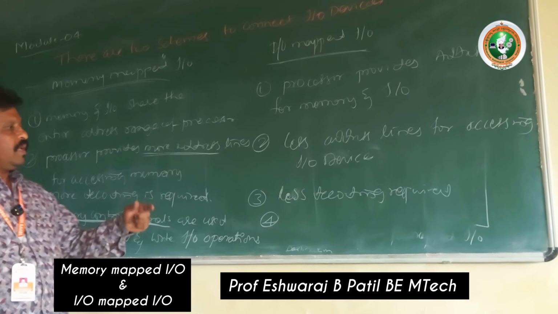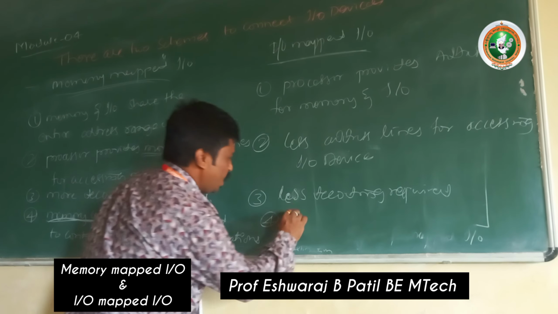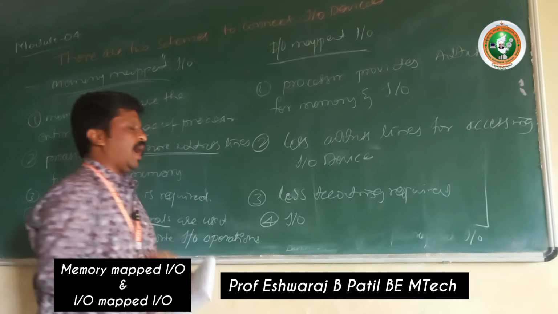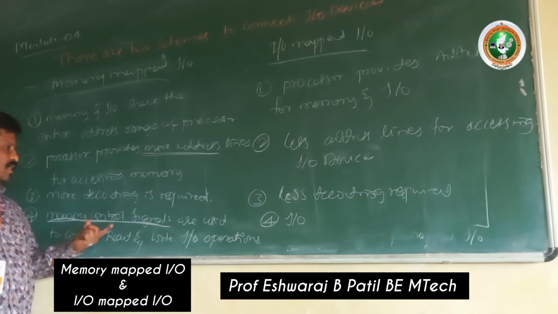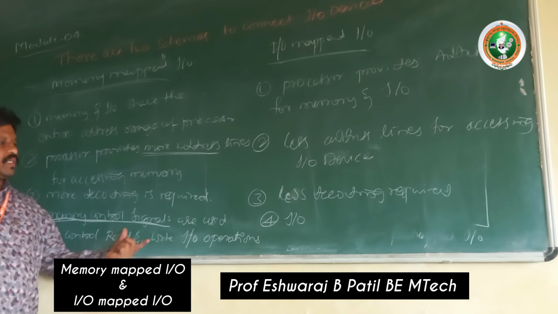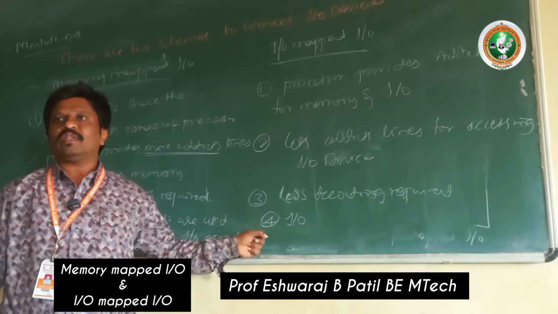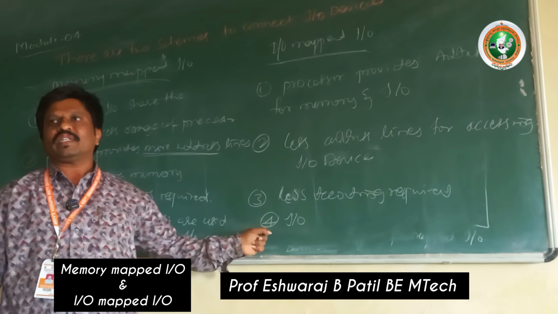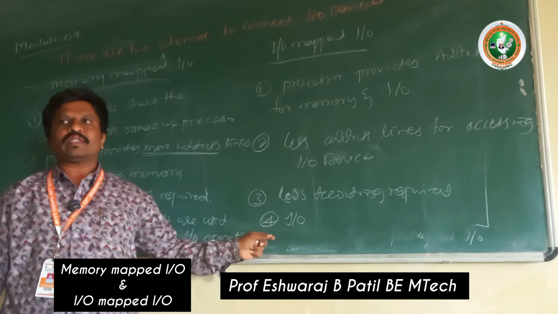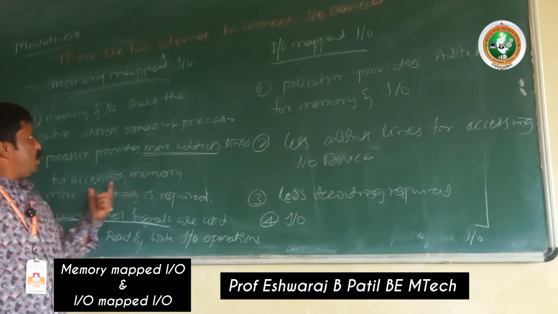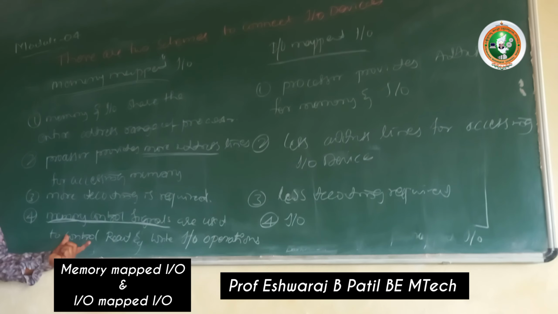But here separate instruction sets are used, that's why the IO control signals are used to communicate with the IO devices. In the IO mapped IO, only the IO control signals are used to communicate with the IO devices. But in the memory mapped IO, the memory control signals are used to communicate with the IO devices.